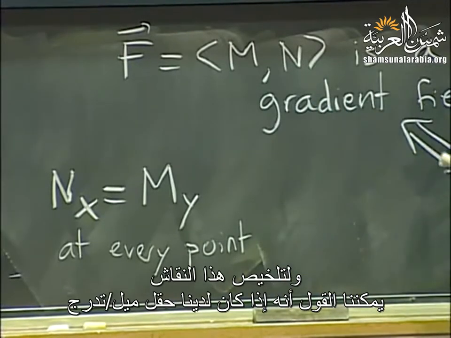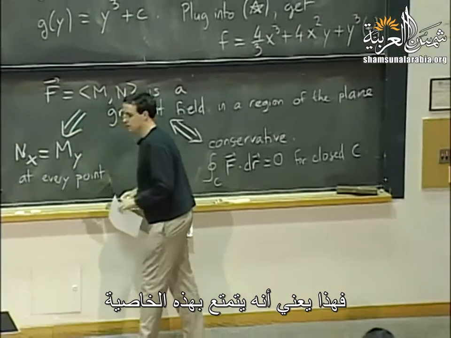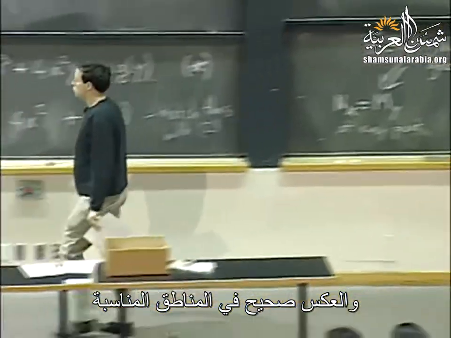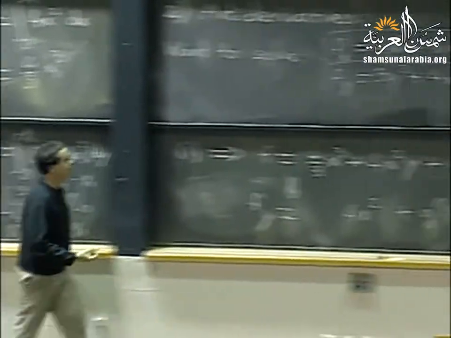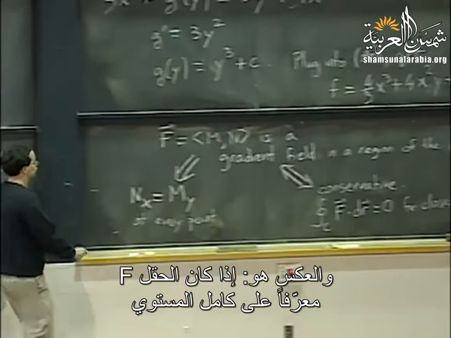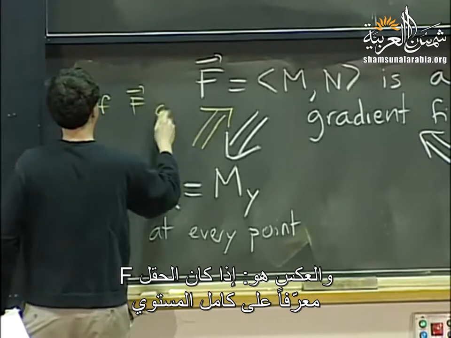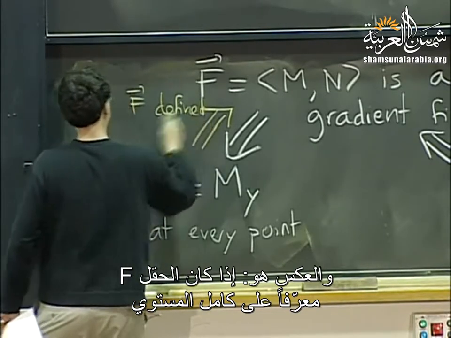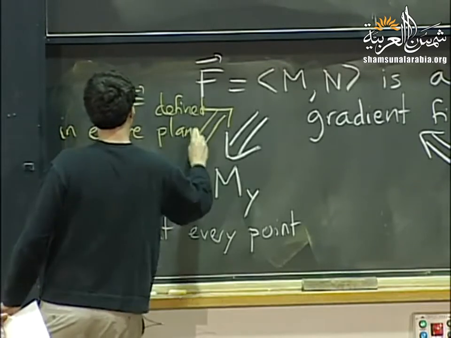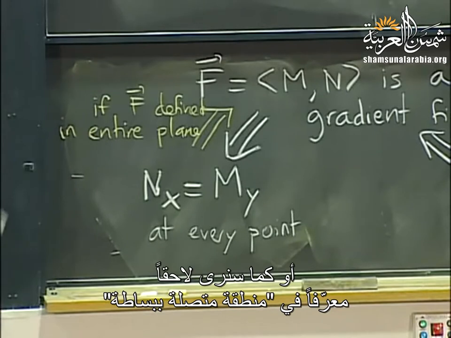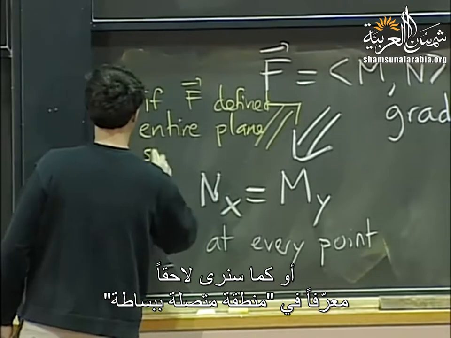So just to summarize the discussion, we've said if we have a gradient field, then we have this. And the converse is true in suitable regions. So we have the converse if f is defined in the entire plane, or, as we'll see soon, in a simply connected region.